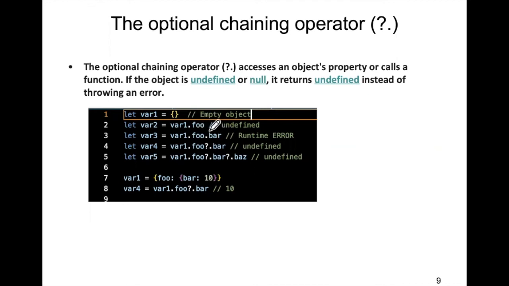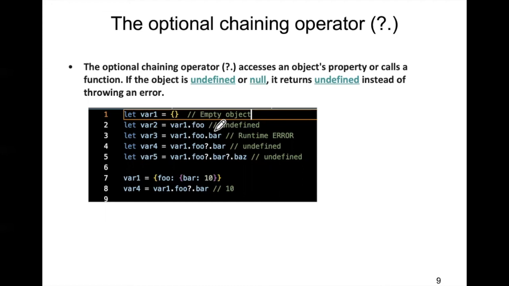Now, this line will cause JavaScript to throw a runtime exception, and the exception will essentially say, you're trying to access a property called bar on the undefined type, because we know this expression here, var1.foo, evaluates to undefined, which is not a valid object. And so trying to index into that will cause an exception, as I said.